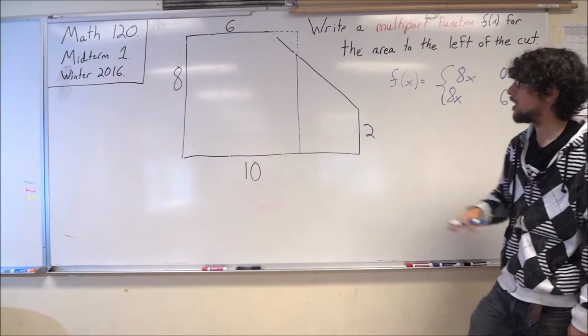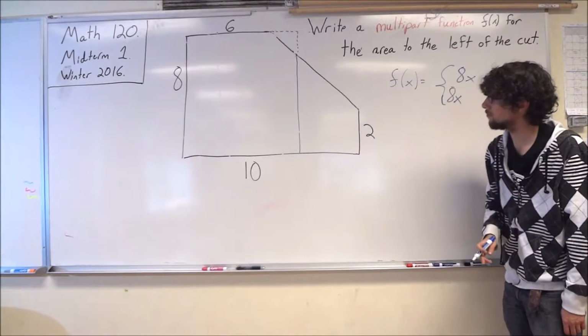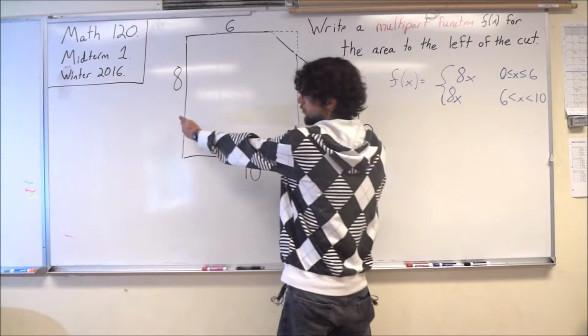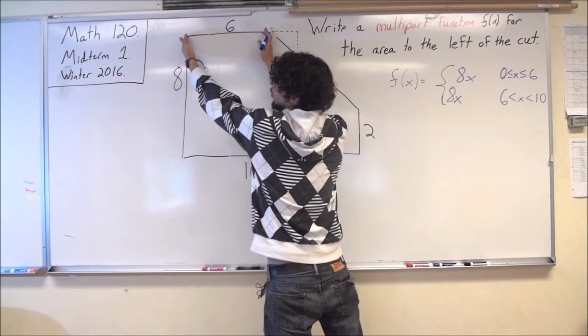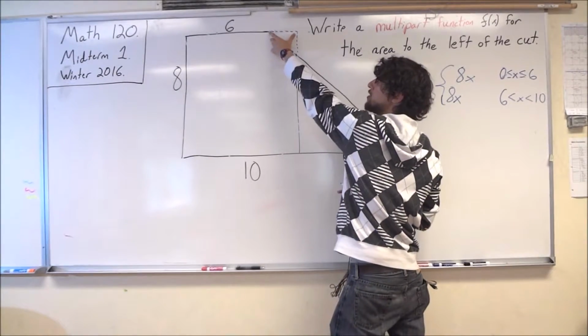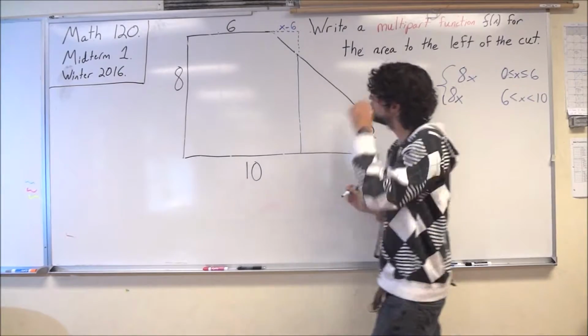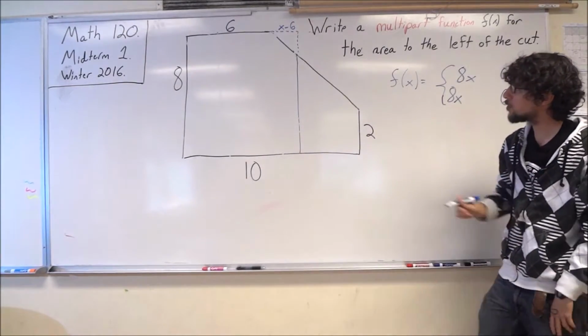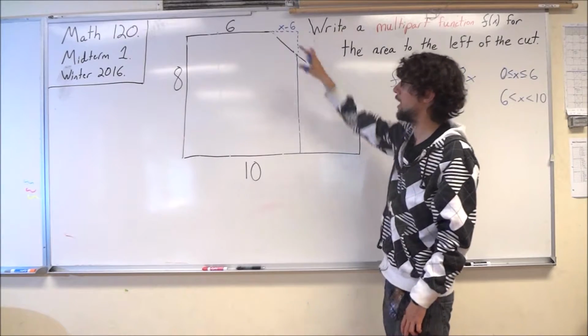Now I need to make sense of the area of this triangle here. If the distance from here to here is x, and the distance from here to here was 6, then this remaining bit is certainly x minus 6.